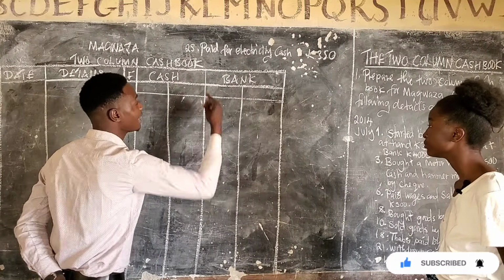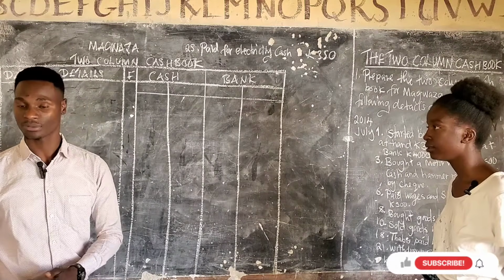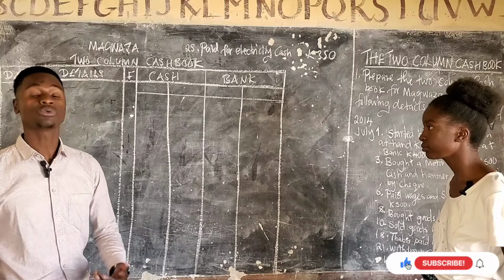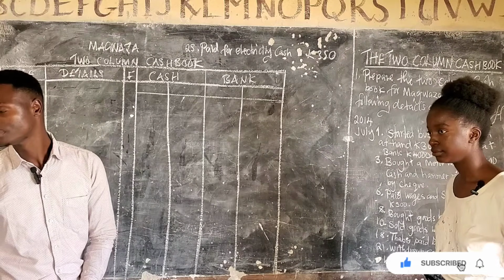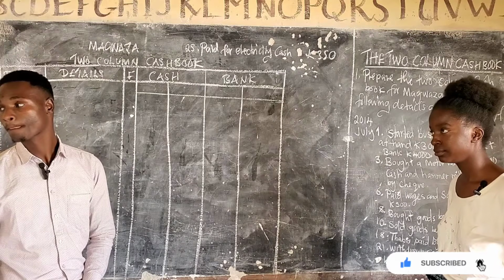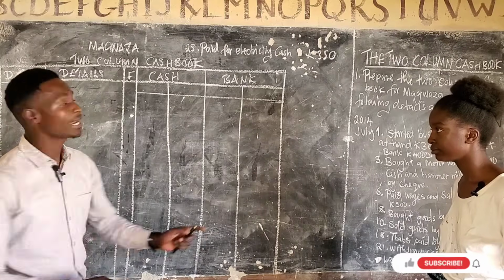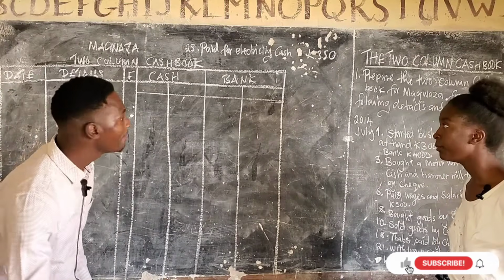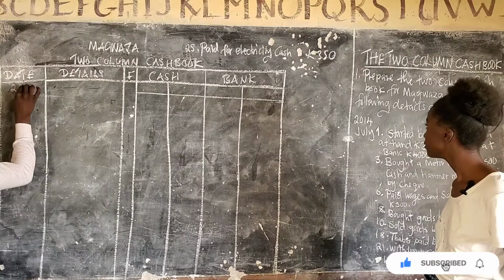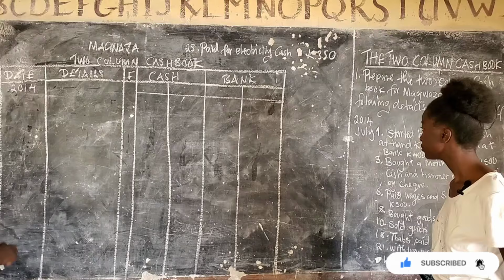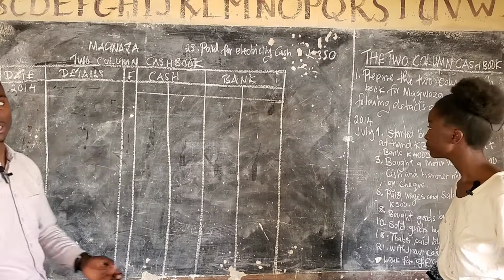So in either of the two accounts, you can either receive or give out money. Now, let's write the year. The year is 2014.